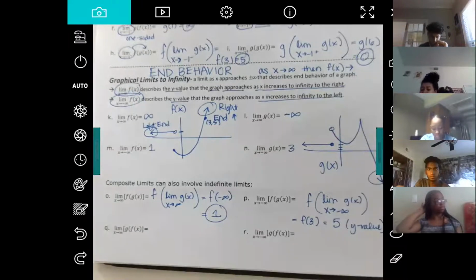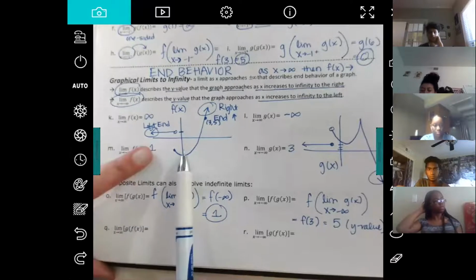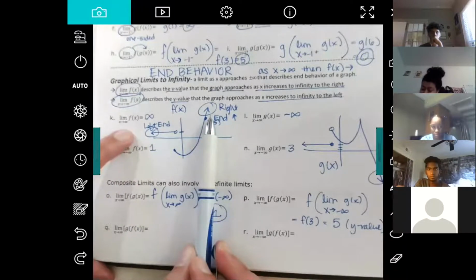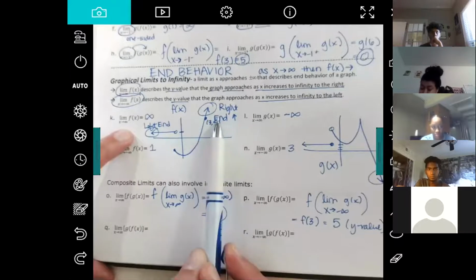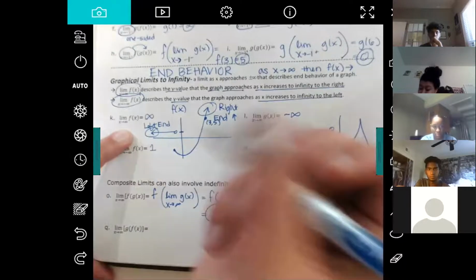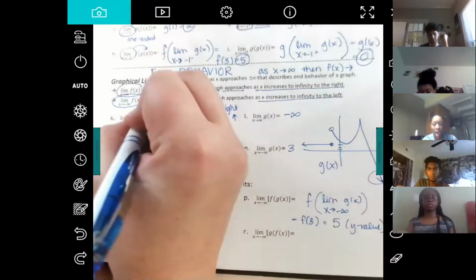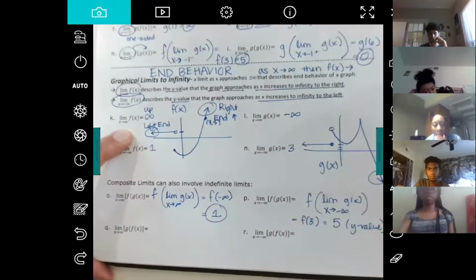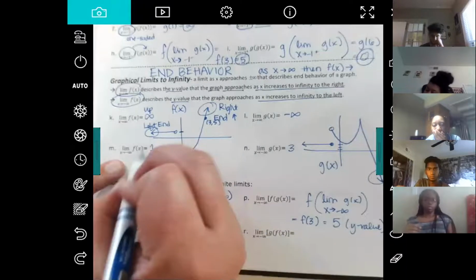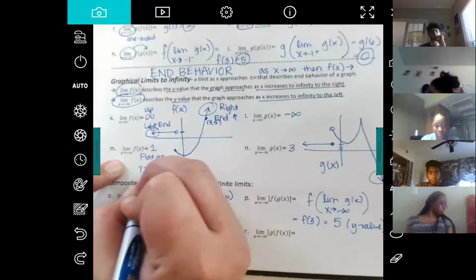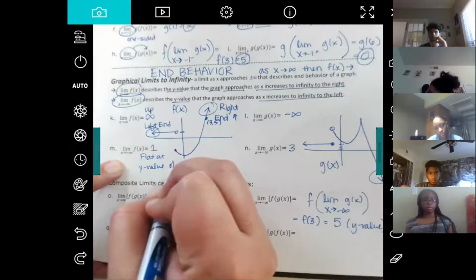So for example, on this graph, my limit as x goes to infinity was infinity because my right end was going up forever. Versus on my left end, it was flat at a y value of 1.